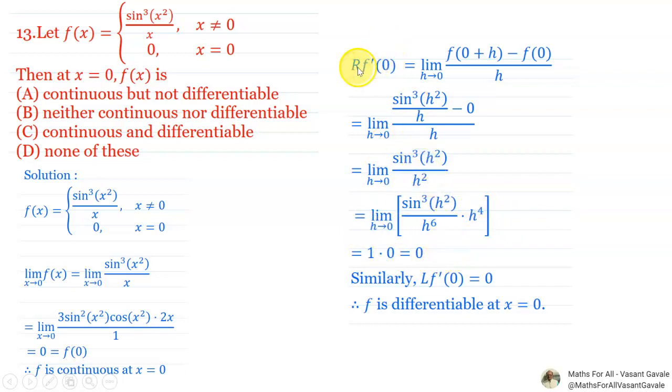Similarly, the right hand side derivative at x equal to 0 is 0. Similarly, the left hand side derivative at x equal to 0 is also 0. Therefore f is differentiable at x equal to 0. And hence option C is correct. That is, the given function is continuous and differentiable.